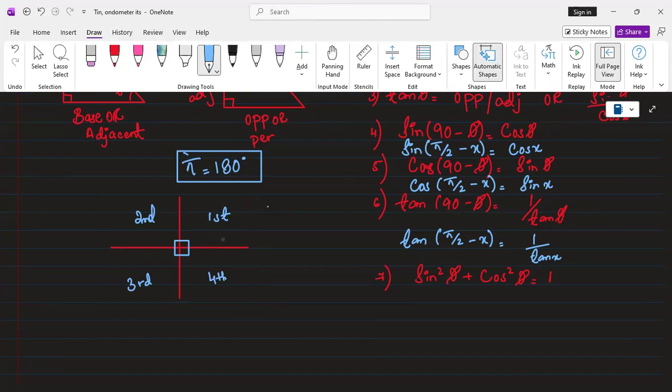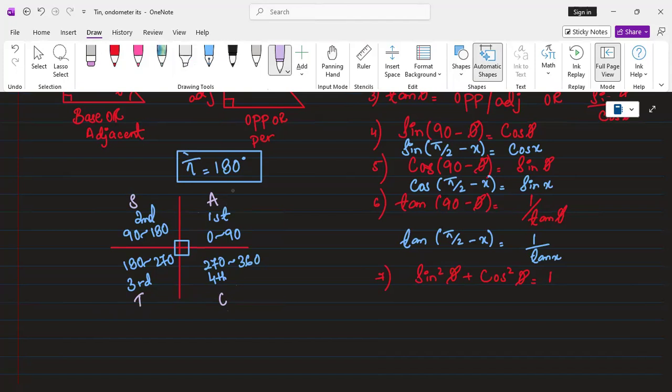The first is from 0 to 90. Then the second starts from 90 and goes on till 180. The third is from 180 and goes on till 270. And the fourth is from 270 and goes on till 360 degrees, right? Now, the most important part, we should remember that in the first quadrant, this is A, S, T, C. You can memorize this ASTC in any order you want, for example, CAST.